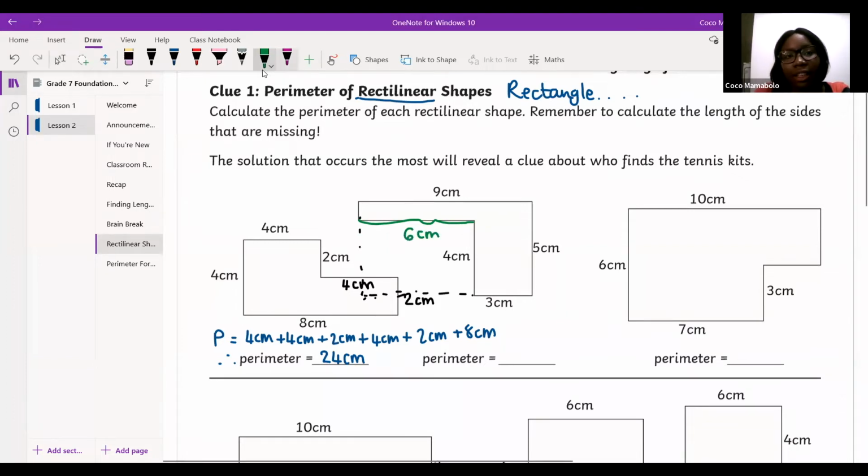Okay, and let's draw this other one in purple. If this whole side over here is 5 centimeters, and this one down here is 4, how much is this tiny bit over here going to be? The small one, this tiny little one in purple. This one over here. Oh, that one, Miss.